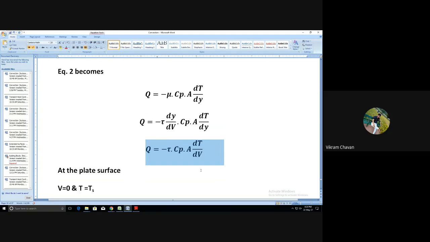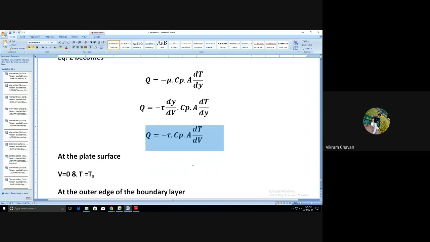So further we have to consider the boundary conditions at the surface of a plate. At the surface of a plate, the no-slip boundary condition is there, so the velocity of the layer at the surface of the plate is zero, because that layer of fluid adheres to the surface of the plate. Because of that, the fluid temperature, or the layer temperature which is adhered to the surface of the plate, is equal to the surface temperature.